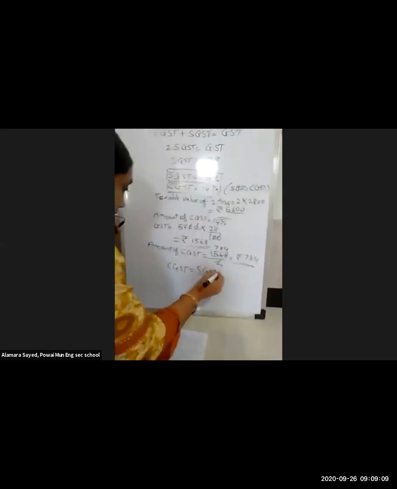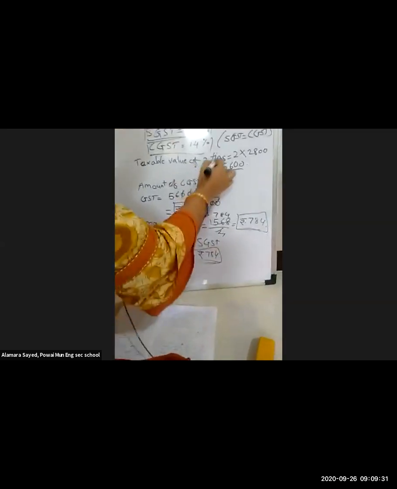And as it is 784 CGST, so CGST is equal to SGST. Therefore SGST is also equal to rupees 784. So we have found here the values of CGST and SGST, and GST also. Here GST is 1568. Then taxable value also we have found, 5,600.